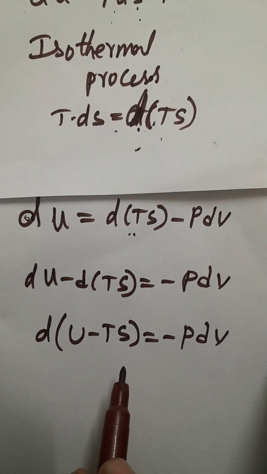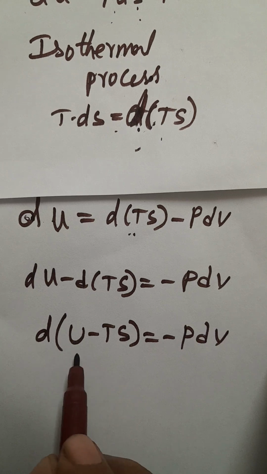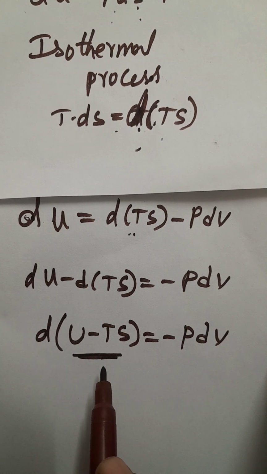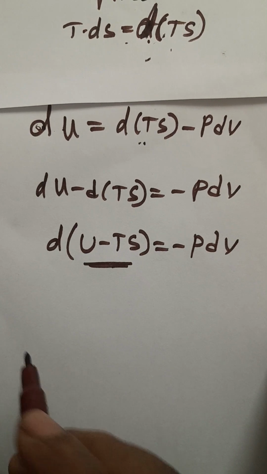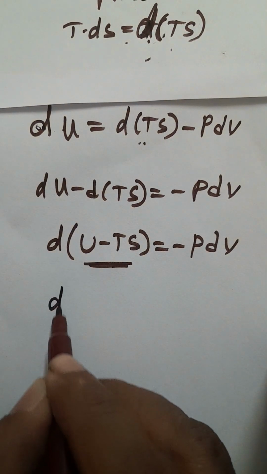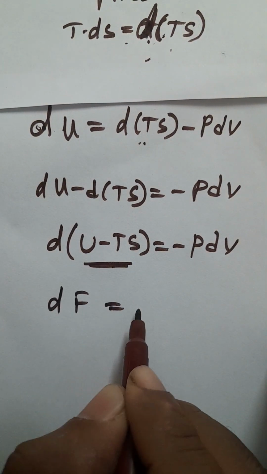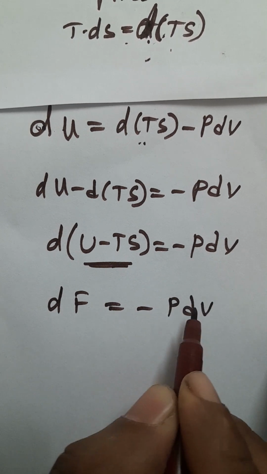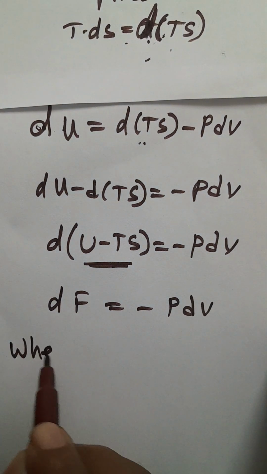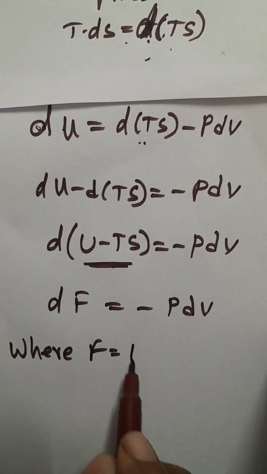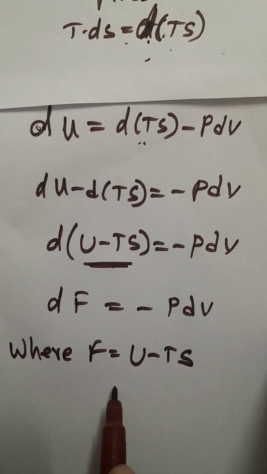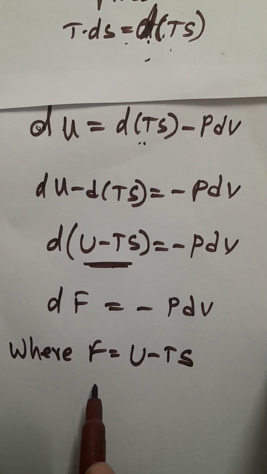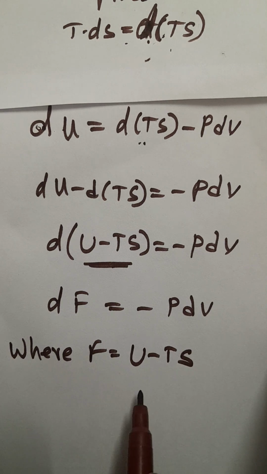Let us consider this full term as the Helmholtz function. That means dF equal to minus P into dV, where F equal to U minus TS. This is called the Helmholtz function, or Helmholtz free energy function.